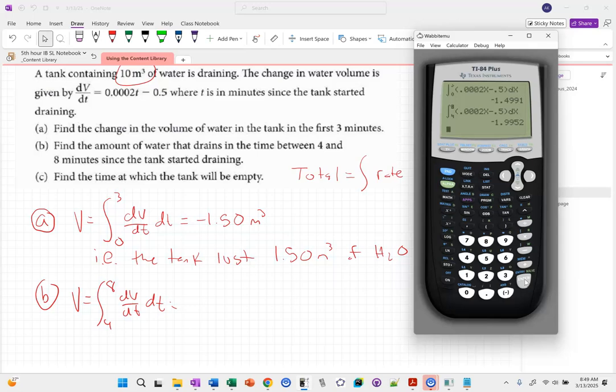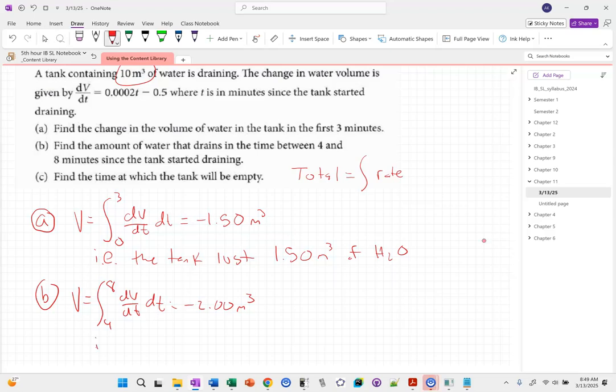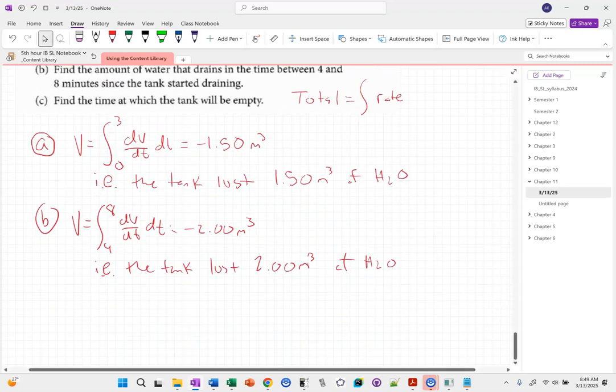So I get about 2 meters, right? Or 2 cubic meters. Feel good there?